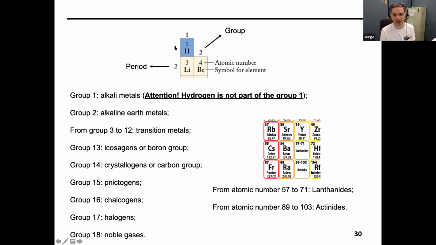So hydrogen is here, but does not belong to the group 1. The group 2 receives the name of alkaline earth metals, and so on, all the way to the group 18, which are called noble gases.